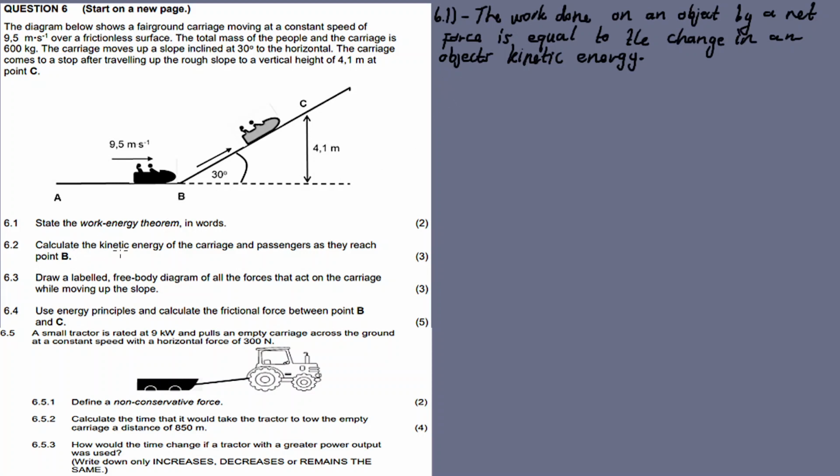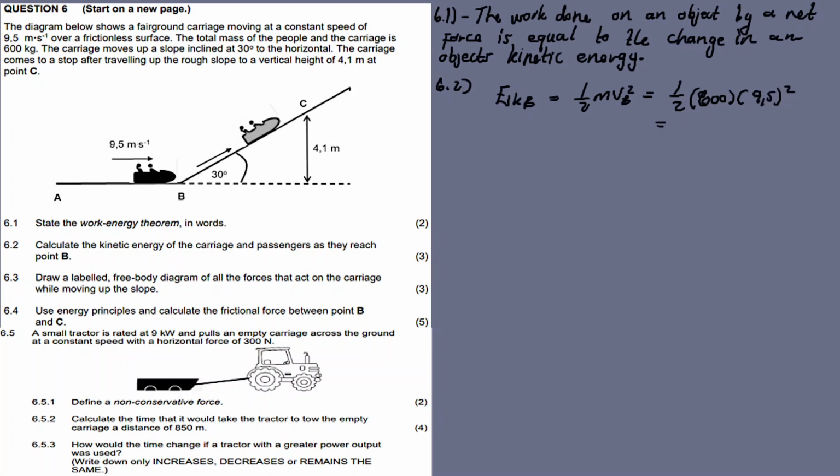6.2. Calculate the kinetic energy of the carriage and passengers as they reach point B. So the kinetic energy EK at B is equal to half mv squared at B. This is equal to half times the mass, 600 kilograms, times the velocity at B, which is 9.5 squared.